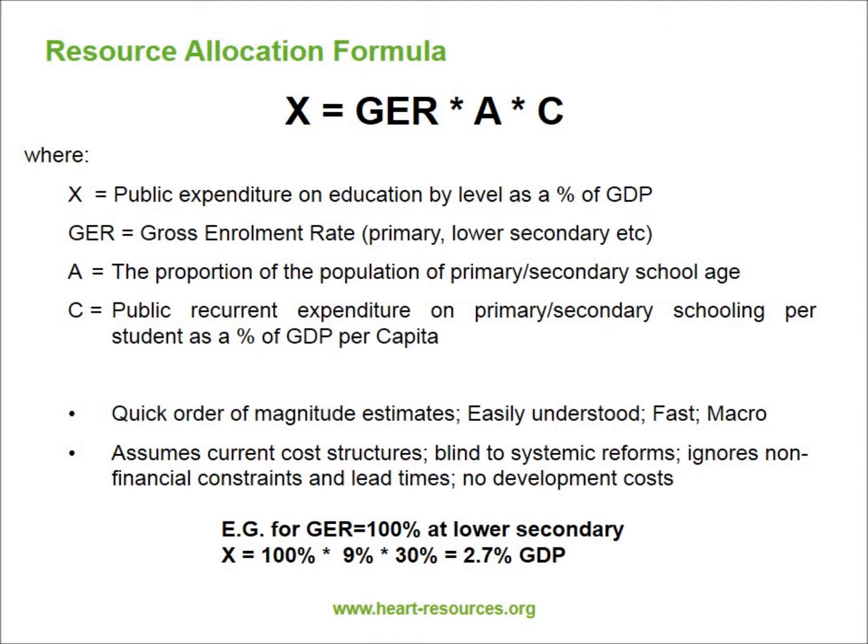In the case of the example given, 100% gross enrollment rate with 9% of the population being of secondary school age, lower secondary level, and a cost per child of 30% of GDP per capita. In that system, 2.7% of GDP would be required for universalising lower secondary schooling.